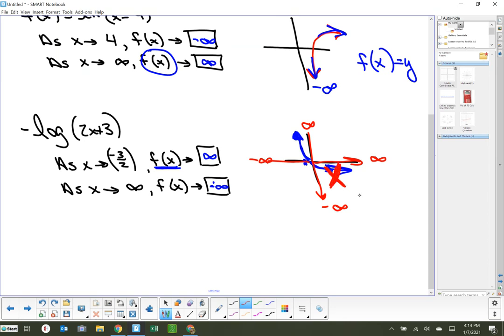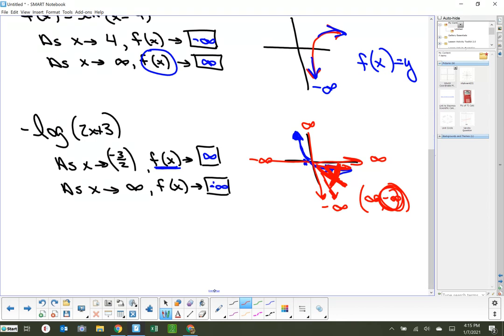Remember, any ordered pair is x, y. So anything in this area, whether it's slightly up here, slightly down here, it doesn't matter where it is. It's going to be a combination of the x and the y. So if you're looking at the y, you know it's going towards negative infinity because it's in that quadrant. Okay, so you can think about it that way. And we did some of that in the unit circle as well. All right, so that's how that one would look.